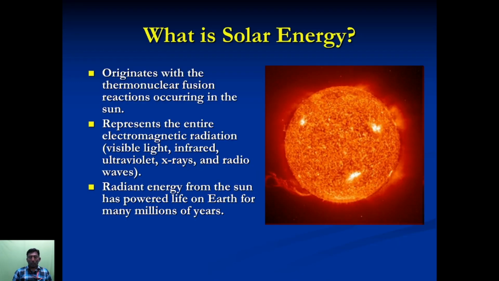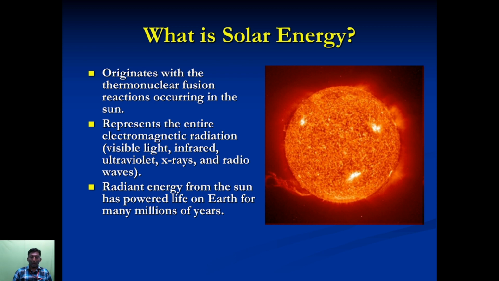So what is solar energy? We know it originates from the sun, with the thermonuclear fusion reaction happening in the sun. During these thermonuclear fusion reactions, electromagnetic radiation is emitted.